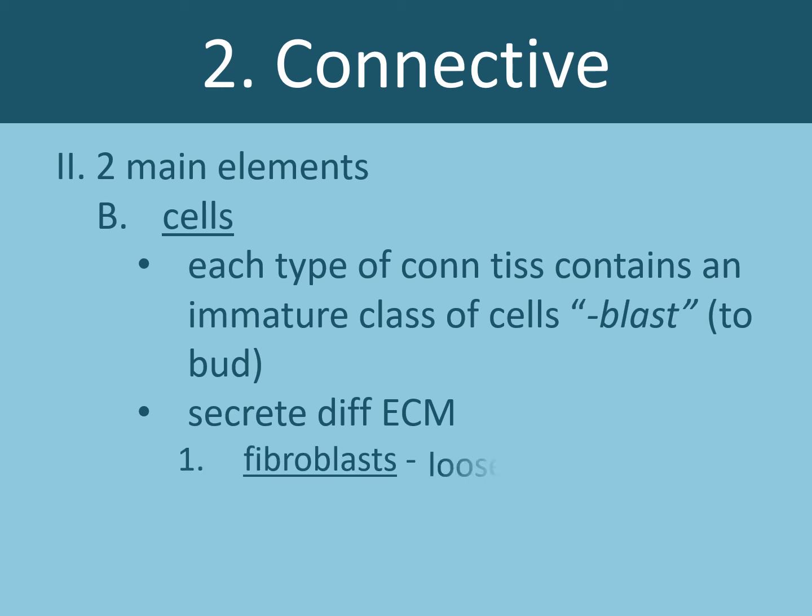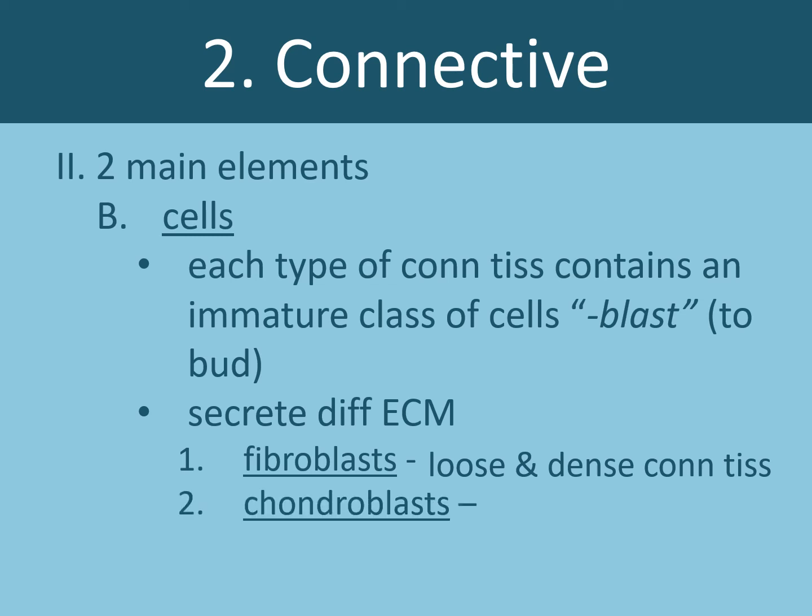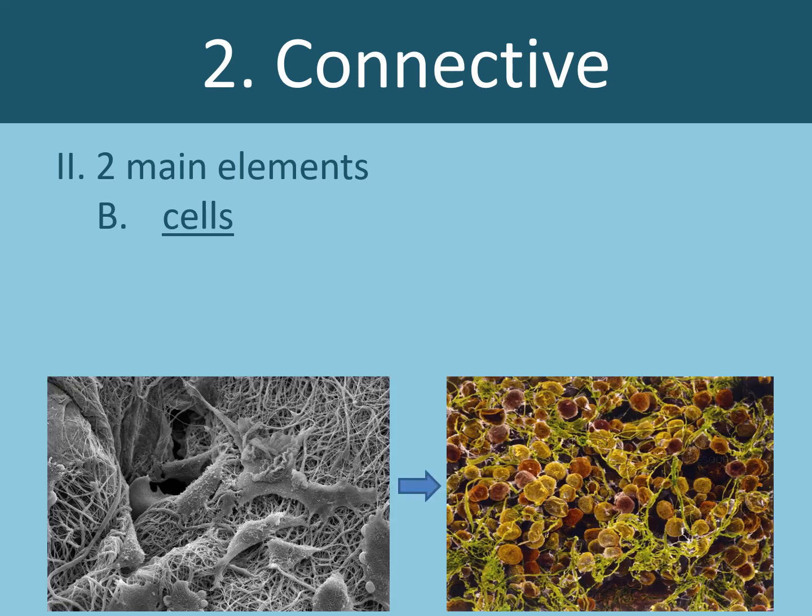For example, fibroblasts are found in loose and dense connective tissue and secrete reticular fibers. The chondroblasts are found in cartilage and secrete cartilage tissue. And finally, osteoblasts are found in bone. Osteo means bone. And they secrete the calcified minerals of bones.